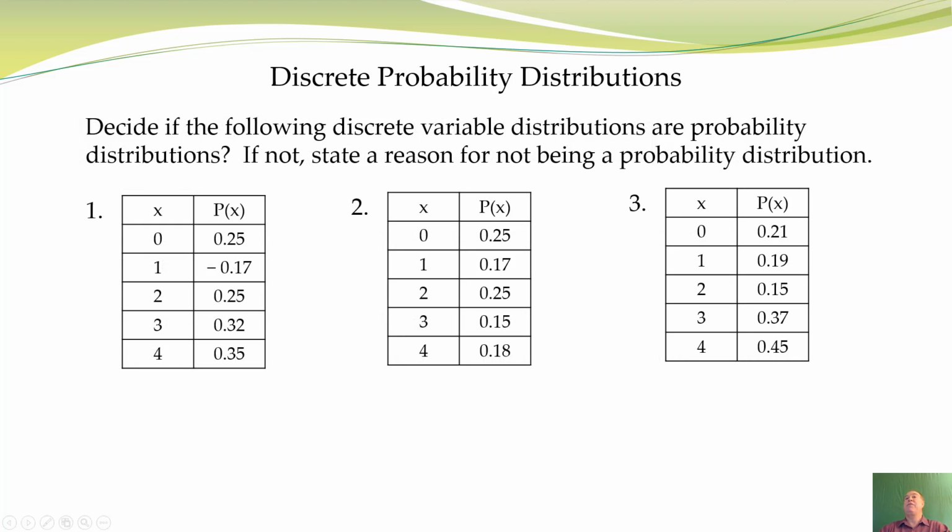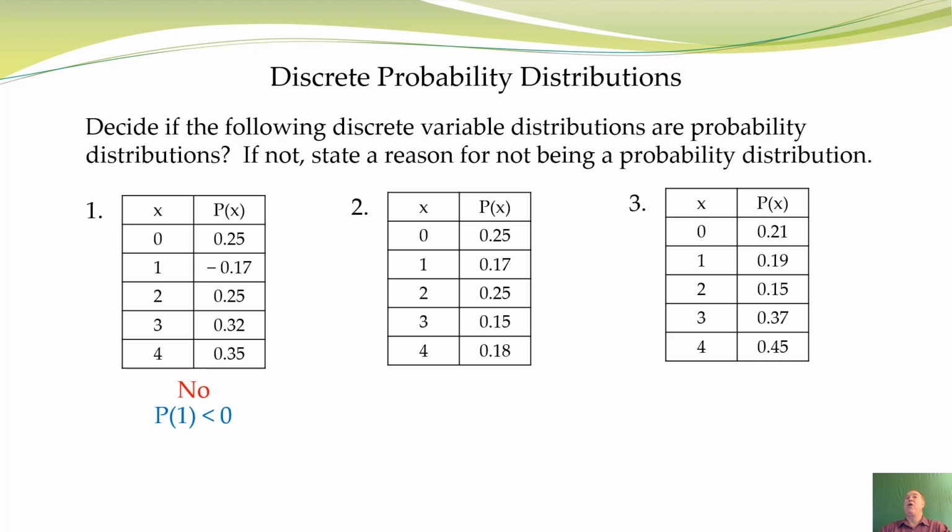Decide if the following discrete variable distributions are probability distributions. If not, state a reason for not being a probability distribution. So if we look at number 1 here, look at it carefully. Would this be a probability distribution? And the answer would be no. Now, why would it not be a probability distribution? Well, the probability of 1 is less than 0. It's a negative 0.17. Okay, looking at the second distribution here.